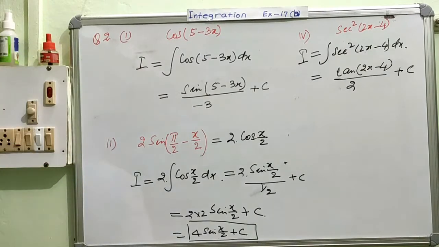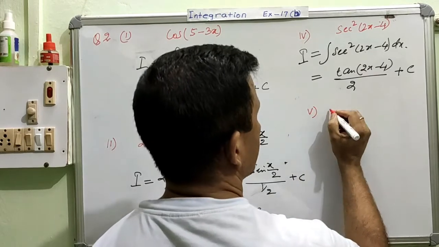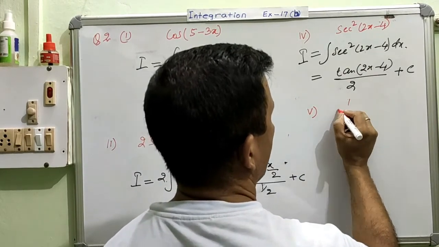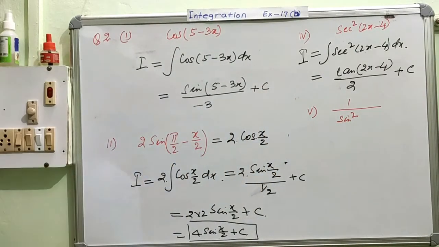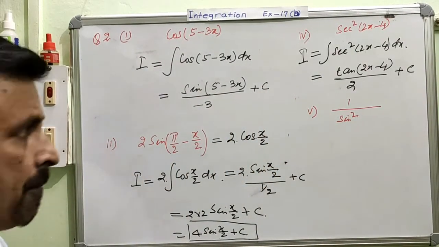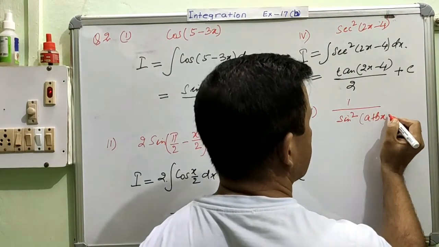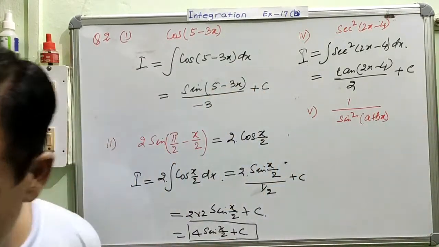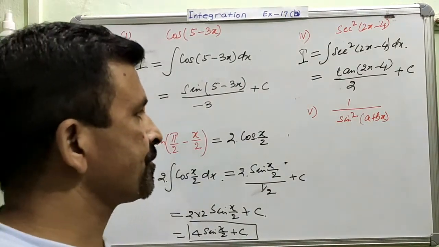Now we will take one more question from this question number 4, and that is question number 2. That question is Roman number 5. This is 1 over sine square of a plus bx.